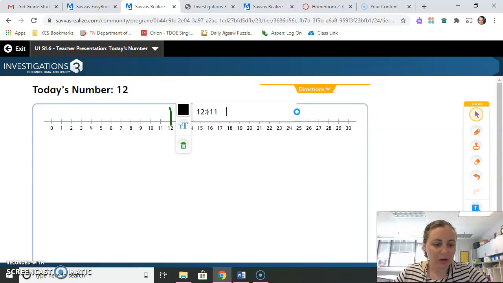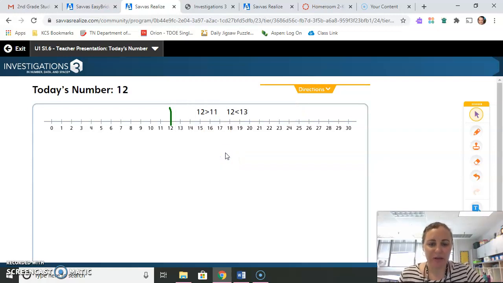Would 12 be greater than 13 too? That's right. No, 12 is going to be less than 13. So 12 is greater than 11. 12 is less than 13.